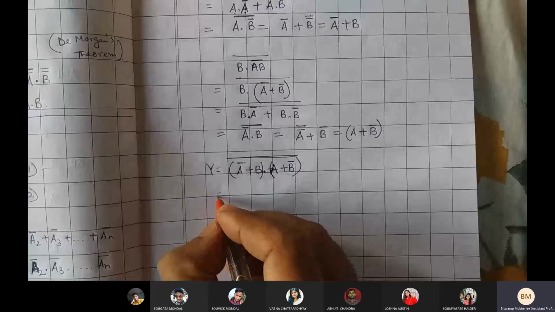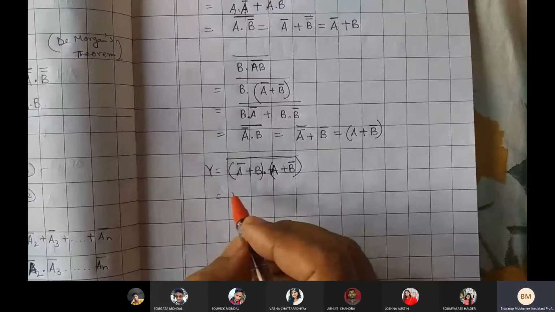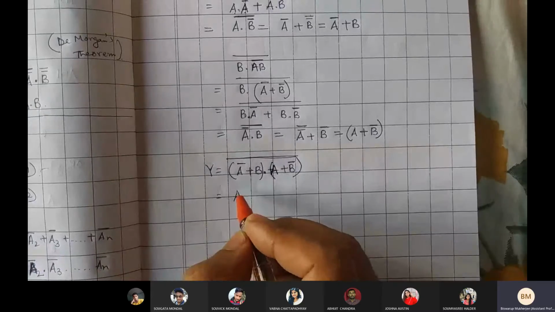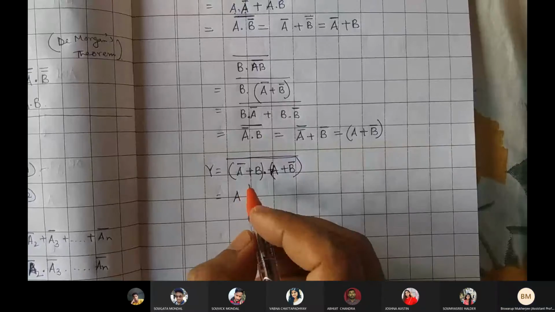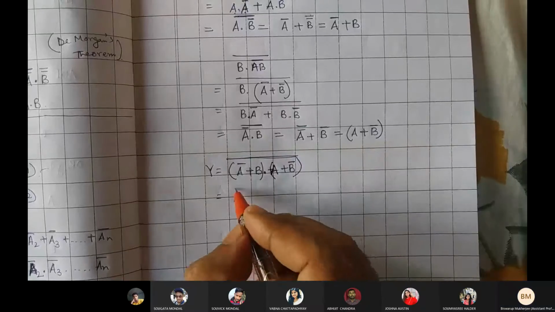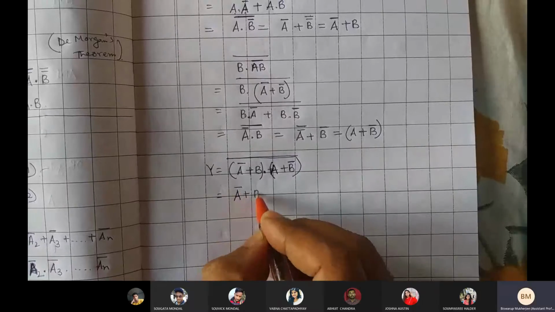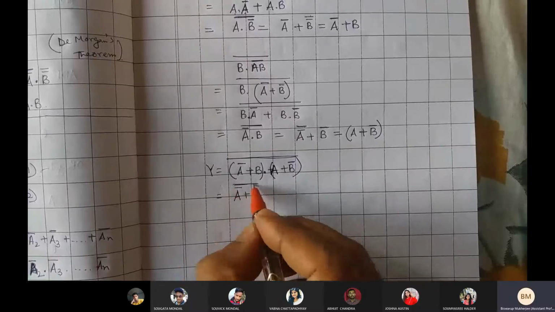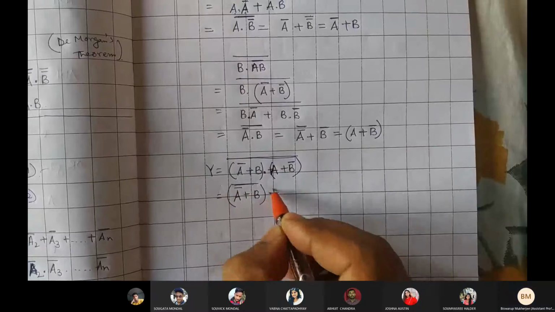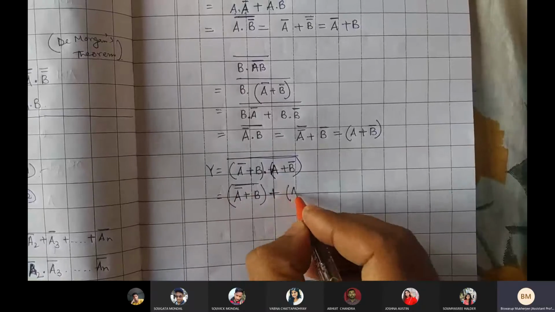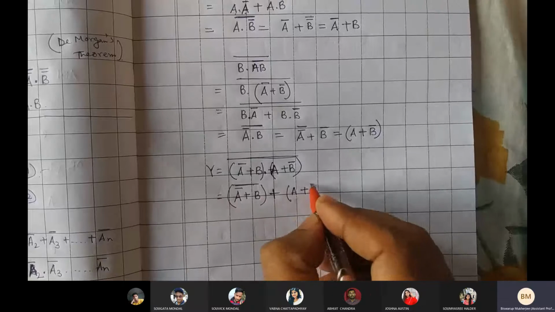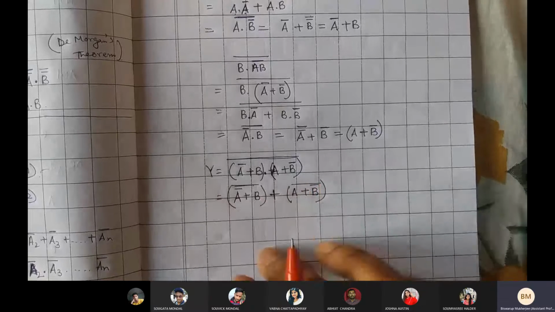Now let me check it out. Again, we can break that one. So that would be (A plus B) whole complement plus (A plus B bar) whole complement, right?